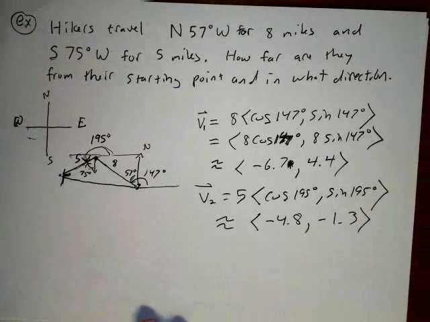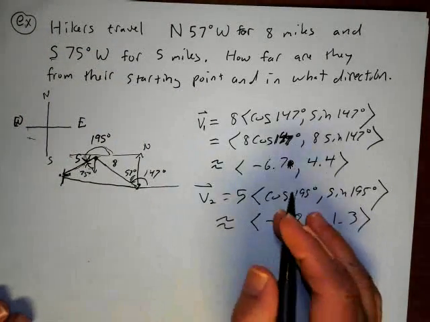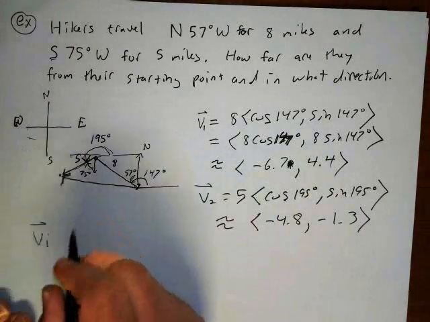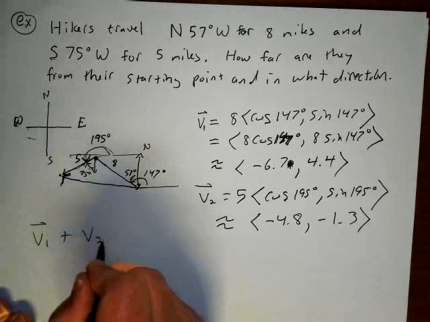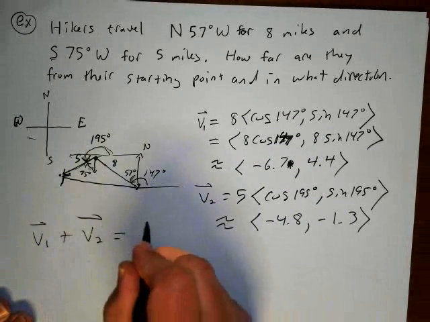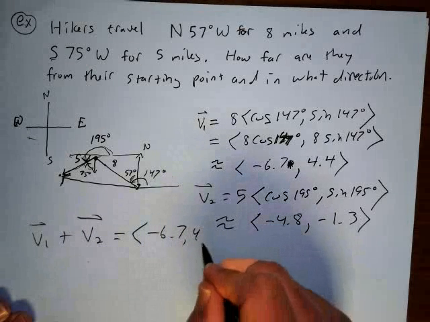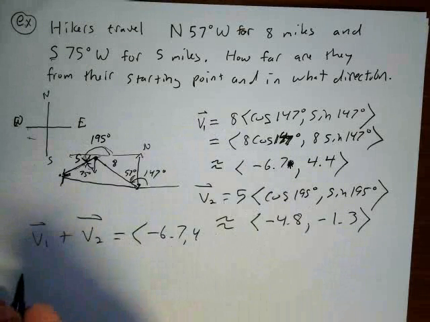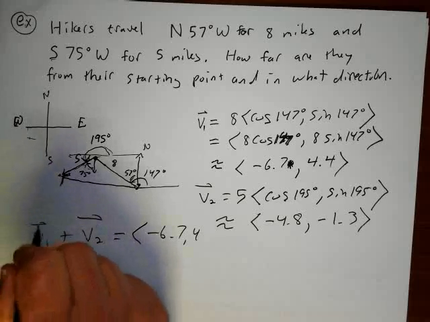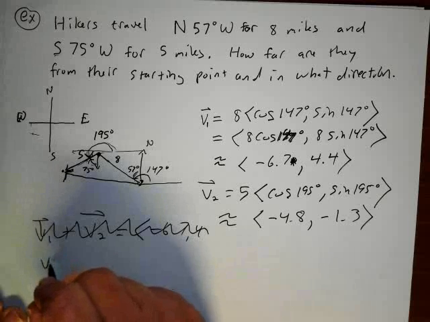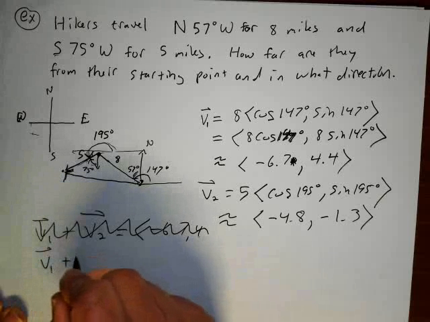Okay, so those are the component forms. And so to find this vector, I just add the two component forms, V1 plus V2. So that would be negative 6.7, 4.4. I'm going to run out of room here, so let me just do it here. V1 plus V2.